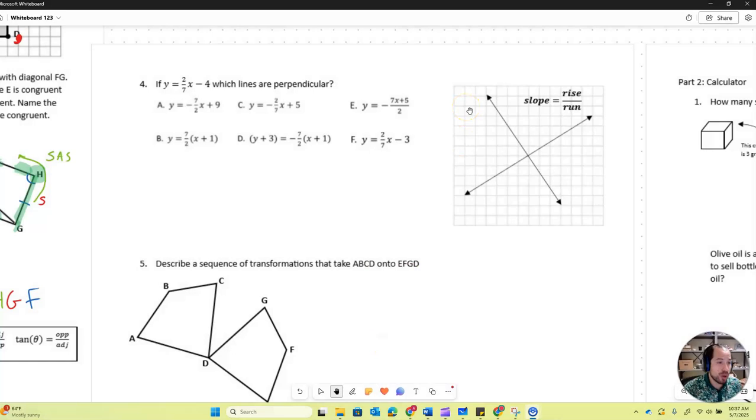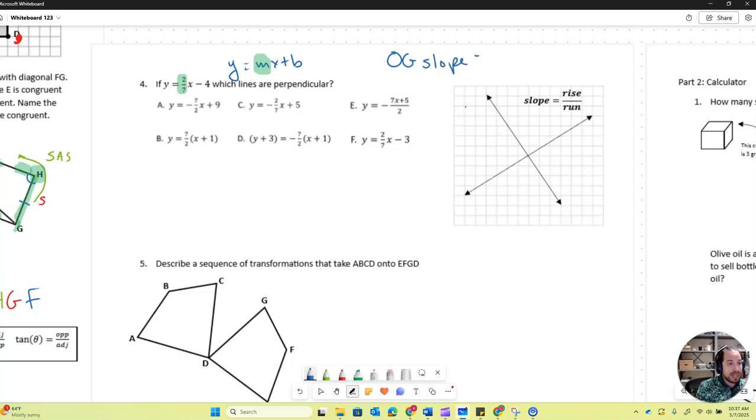All right, first and foremost, number 4, it says, we are given the line y equals 2/7 x minus 4. Which lines are perpendicular? I'm going to start by identifying the slope here. This is in the form of y equals mx plus b. So I know my slope from slope-intercept form is going to be 2/7. So the original slope, which I'm going to call the OG slope, is 2/7.